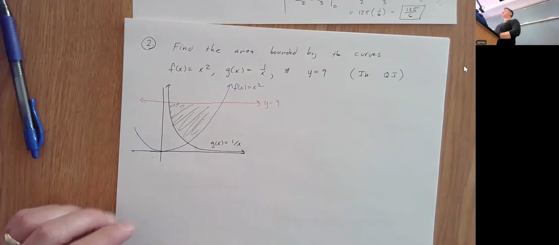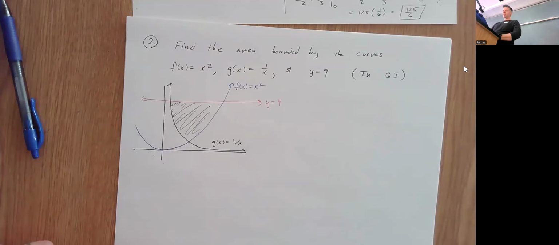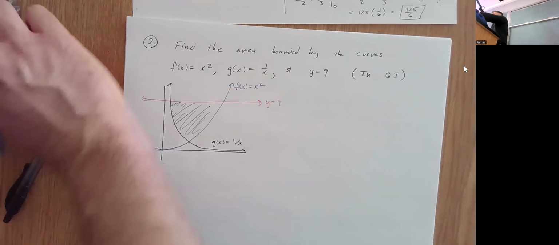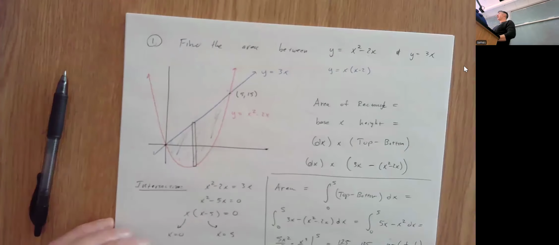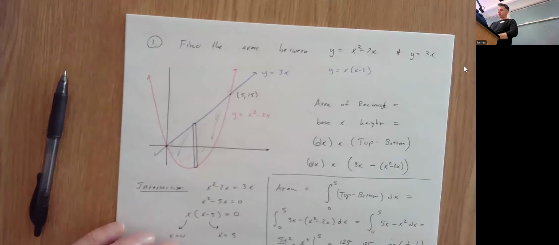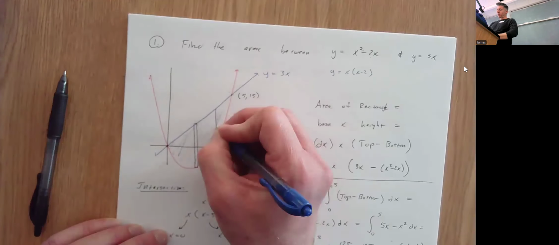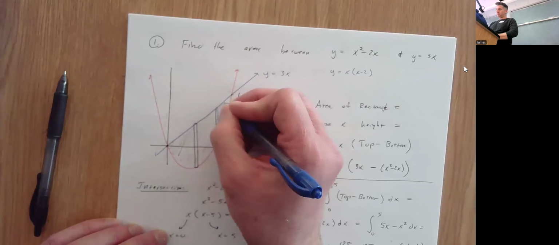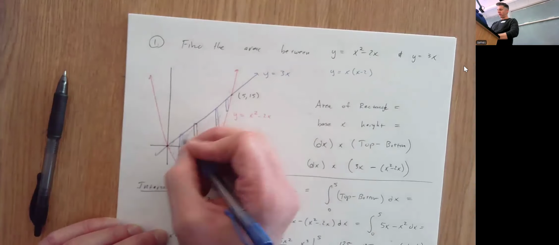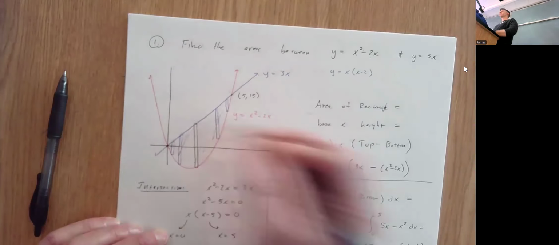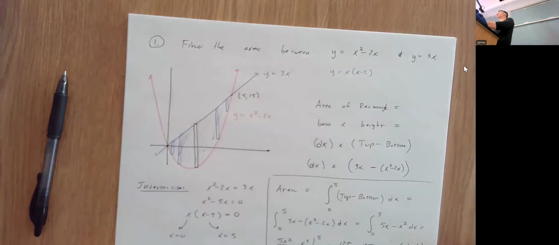And this one's a little problematic. Because unlike the previous one, where I drew a vertical strip, as I usually like to call it, anywhere I drew this strip, the upper and lower boundaries were the same. The top is always y equals 3x. The bottom is always y equal to x squared minus 2x. Not true for this other problem.